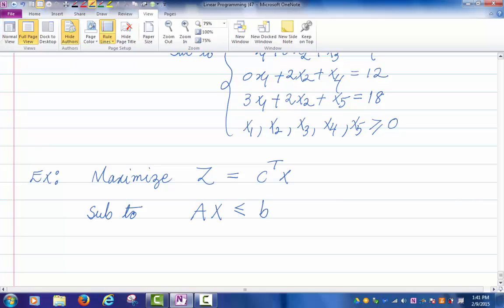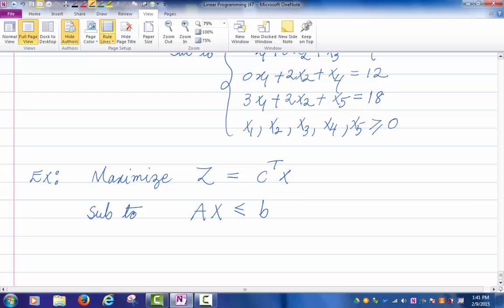In our problem, b is 4, 12, and 18, right? Remember we talked about the matrix form of the LP. You have to remember what that matrix form is and how it associates with the standard LP.